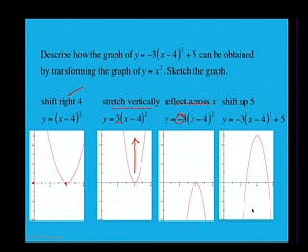So, of course, everything that was up goes below. And then finally, we have to take this graph here and shift it up 5 units because of the plus 5 there. All right, that's great. That's an example of combining a lot of transformations into one.